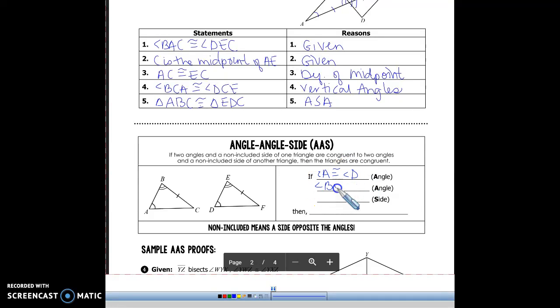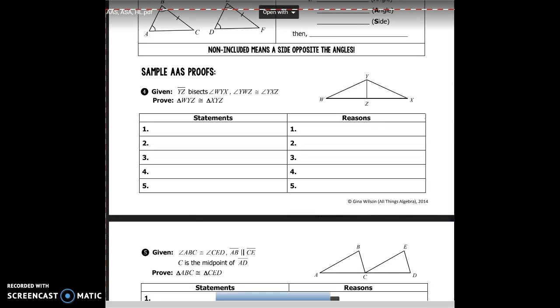So if angle B is congruent to angle E, and lastly the side BC is congruent to EF, then my two triangles, triangle ABC is congruent to triangle DEF.